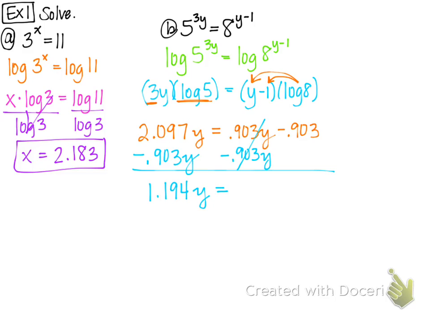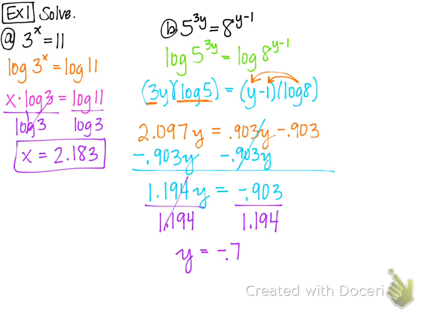They canceled out here, and then you have negative 0.903. And last thing we need to do is divide both sides by 1.194. They cancel out here. And finally, you get y is negative 0.756. And there you have it.